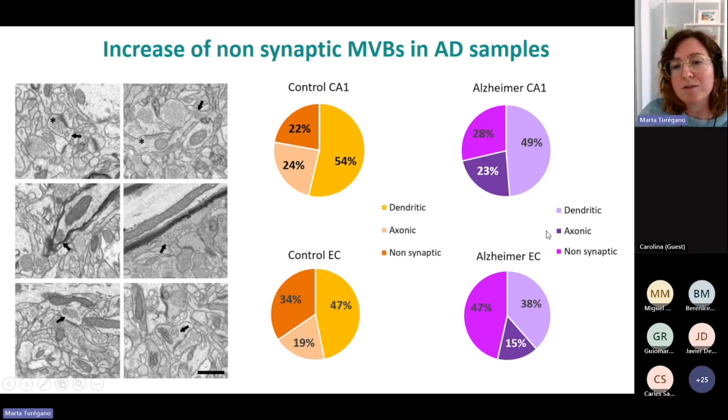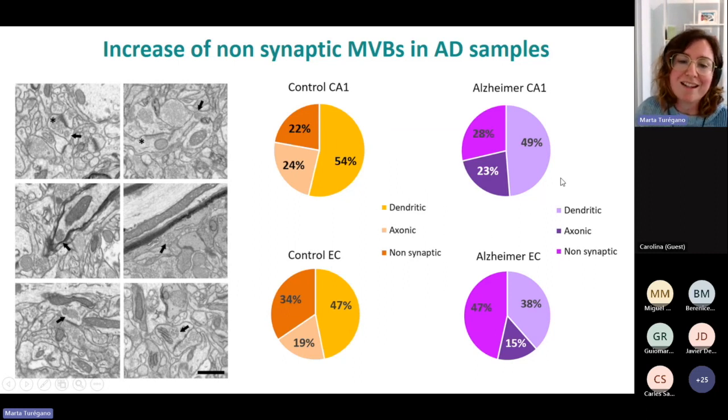I think this could be due to two factors. One of them is that for some reason in Alzheimer's disease, the multivesicular bodies are more frequently found, or are increasing in number, in the glial cells. That could make sense because they could do some extra degradation or some other functions that are not in the control samples.